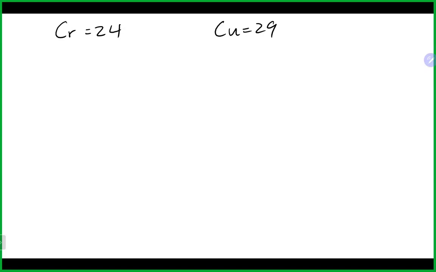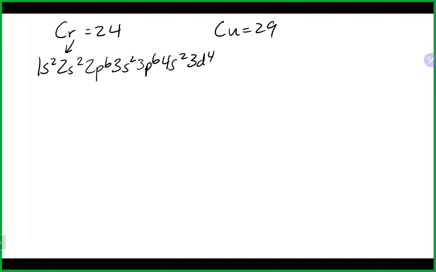Now, if you were to follow the zigzag way, you would end up with, for chromium, this configuration: 1s2, 2s2, 2p6, 3s2, 3p6, 4s2, 3d4, or if you shorten it down there, argon, 4s2, 3d4.